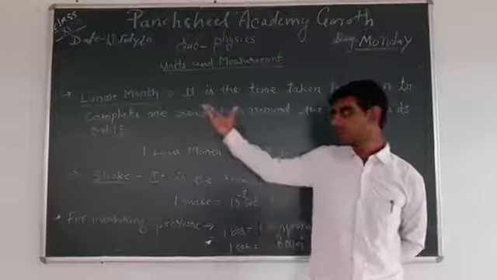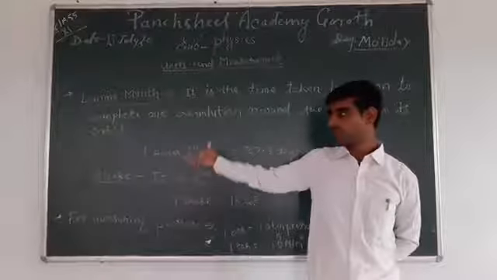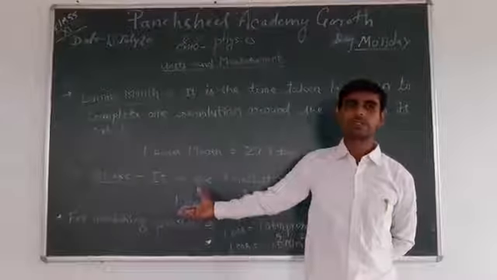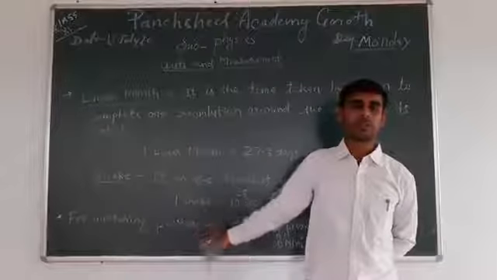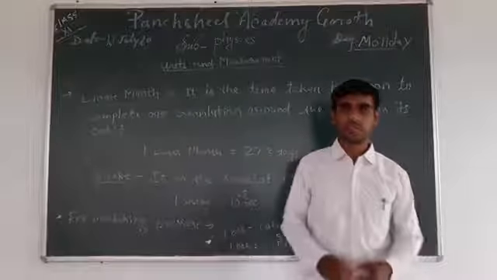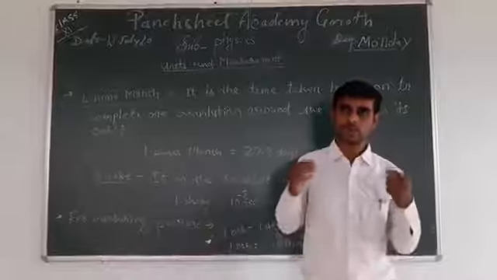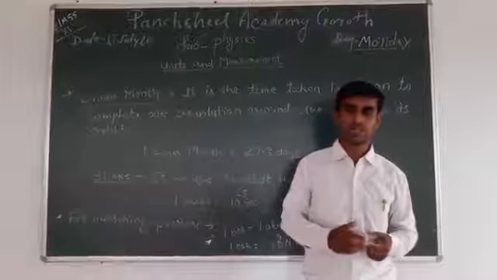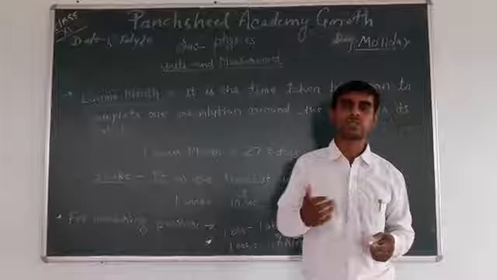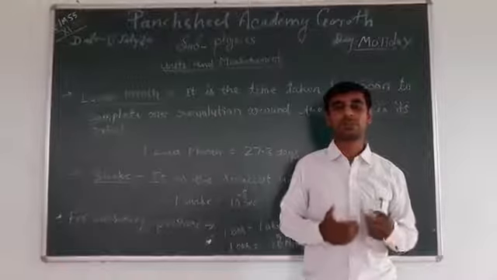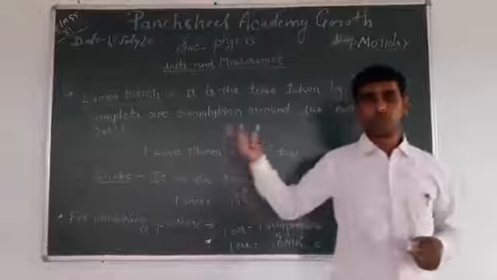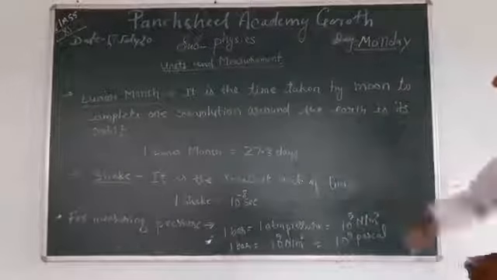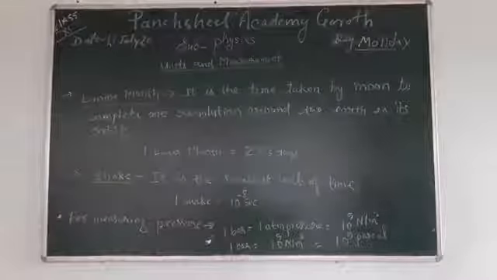So I will draw a table which is very useful for the system of measurements, and it will also help to understand the various units of measurement for different types of physical quantities. Okay, first of all note this and after that draw this metric table.